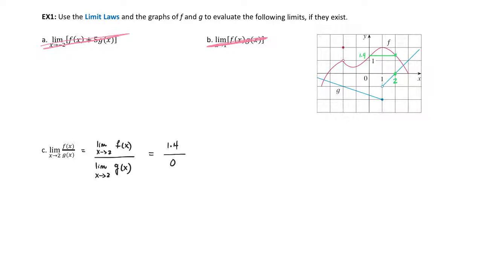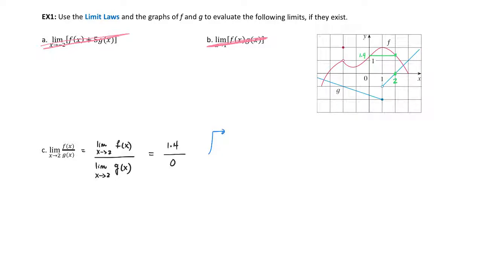But I can always try to see if I can apply the property to the one-sided limits. And then I will compare the one-sided limits. If the one-sided limits are equal, fantastic, then the double-sided limit exists. And if they are unequal, then the double-sided limit doesn't exist. So I'm going to try to do the same thing as I did with part B.